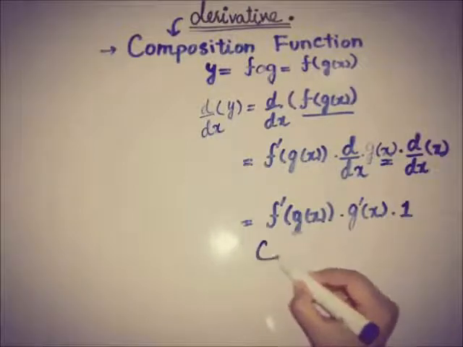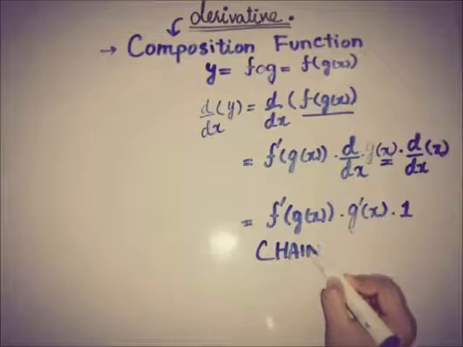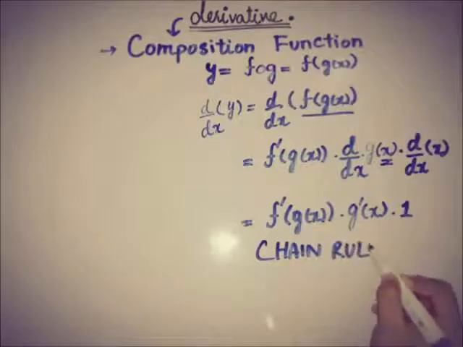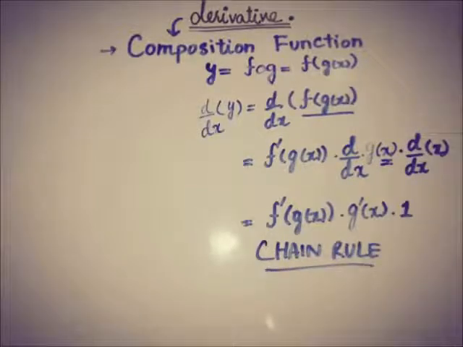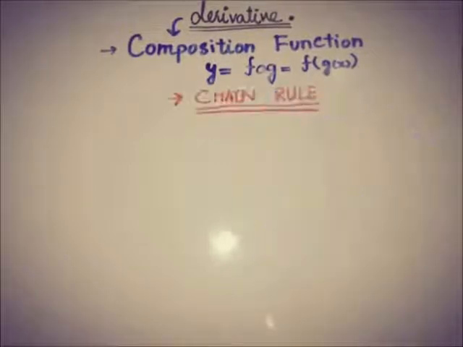We will see what is the benefit of using the chain rule in order to find the derivative of complex functions, in order to avoid the mess during finding the derivative of such functions.